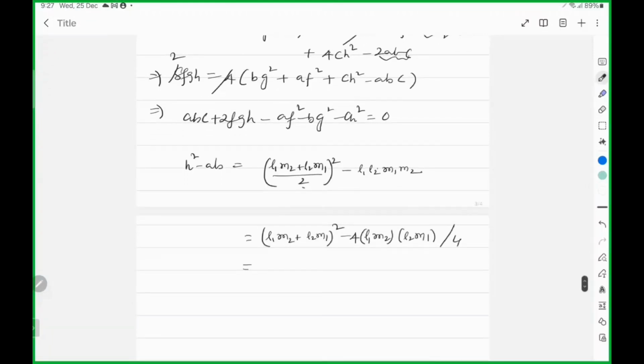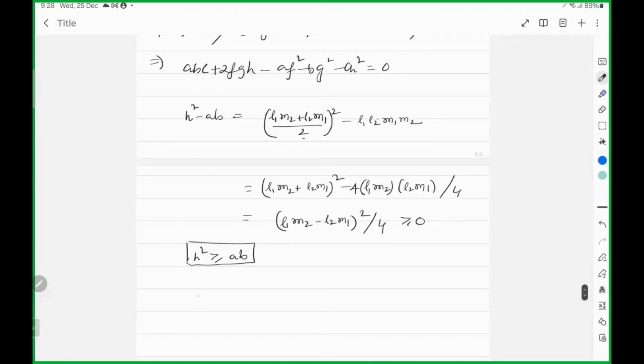It is (a + b)² − 4ab, (a − b)²/4. A whole square is always greater than or equal to 0. So h² is greater than or equal to ab.